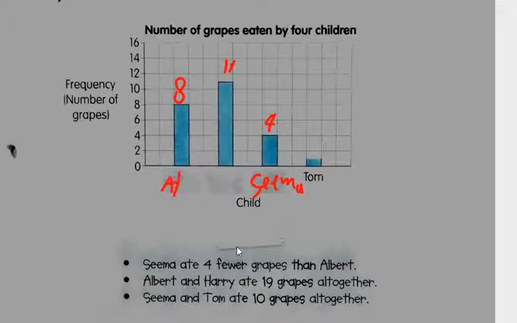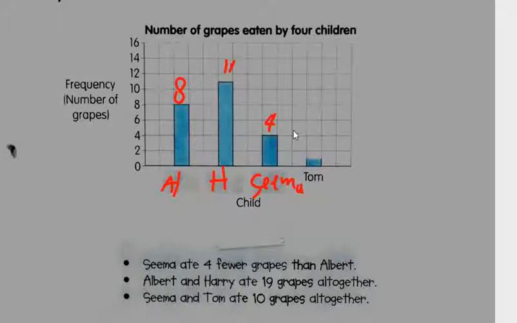Albert and Harry ate 18 grapes together. When you add 8 by 11, you get 18, right? So this is Harry. Okay. And Sima and Tom ate 10 grapes altogether. Sima has 4, and Tom, we should draw the bar.